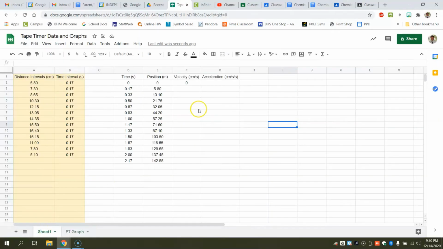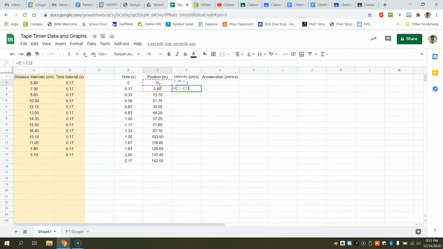We're now going to work on our second graph. The second graph is the velocity, and the velocity information is based off of that slope. So it's the change in our position over a change in time. Again, we're going to start with an equal sign. We're going to do the parentheses, that change in position, so that's E3 minus E2.